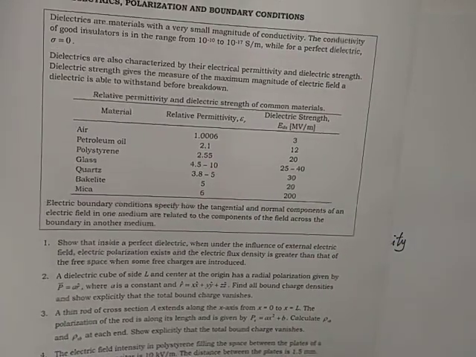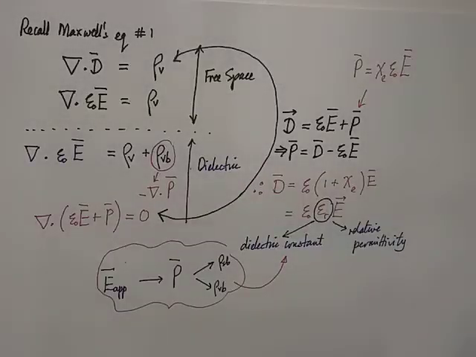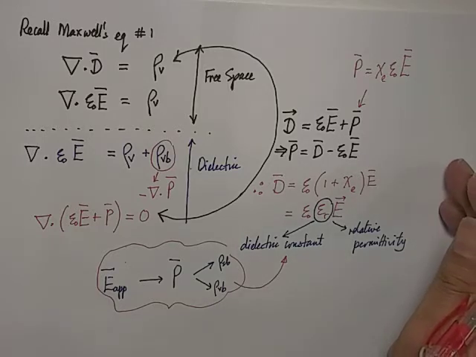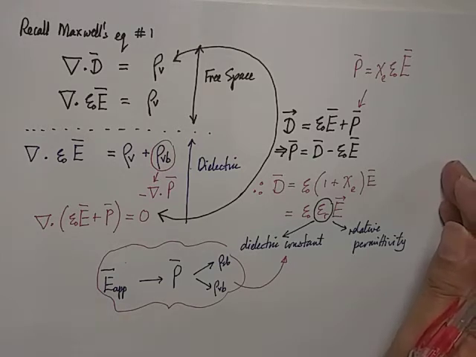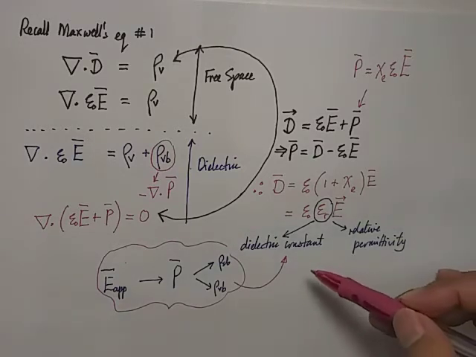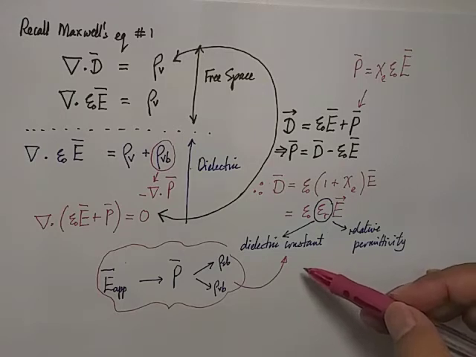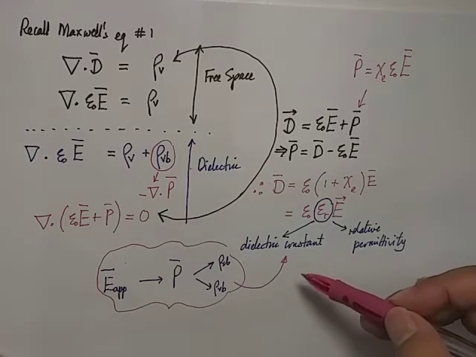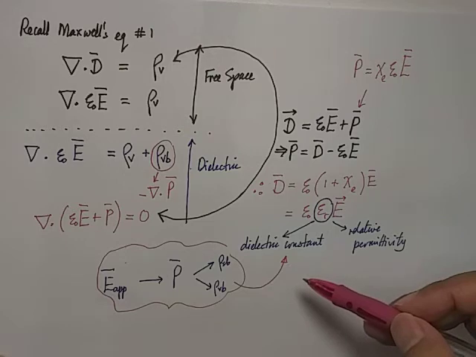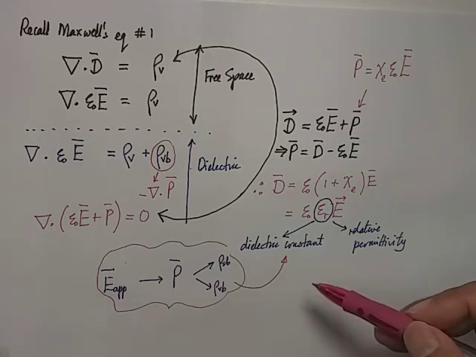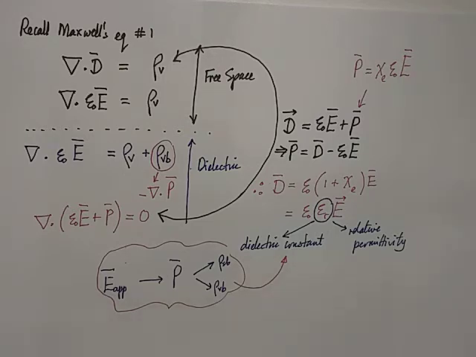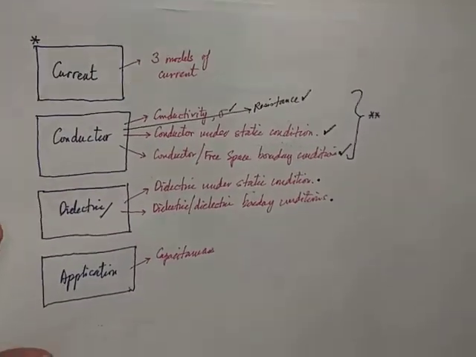That should be our conclusion in our first topic of discussion, which is dielectric under static condition. So the ending parameter in the discussion is known as the dielectric constant. It's a very important parameter when we talk about dielectric with regards to applied electric field. Okay, so that's completed. Let's go to the next topic now.